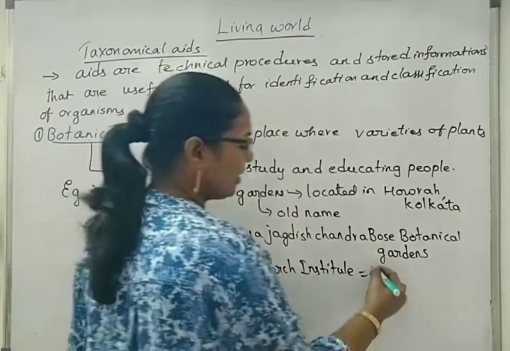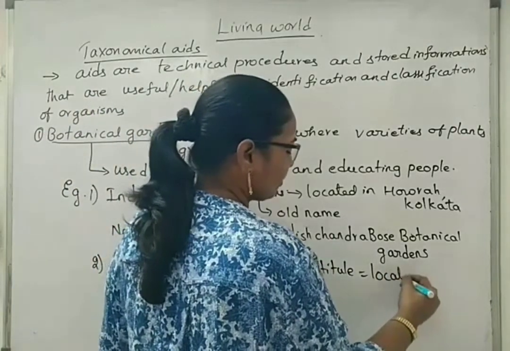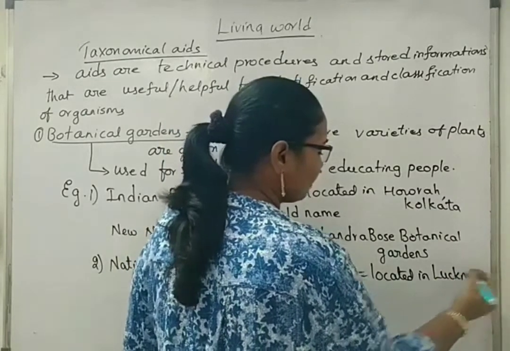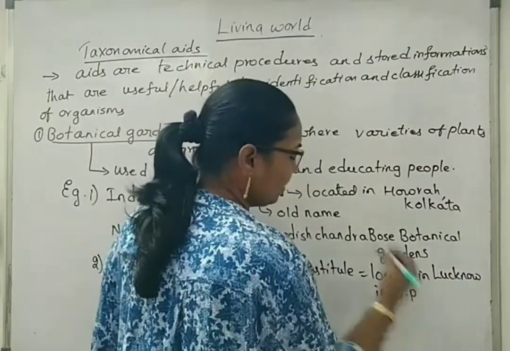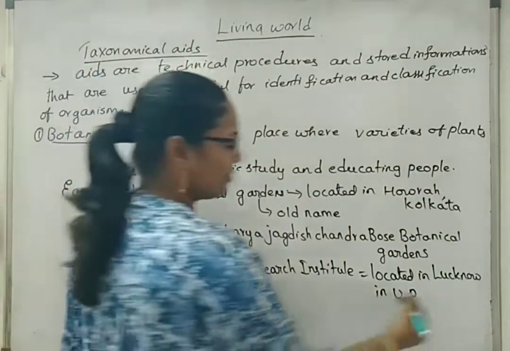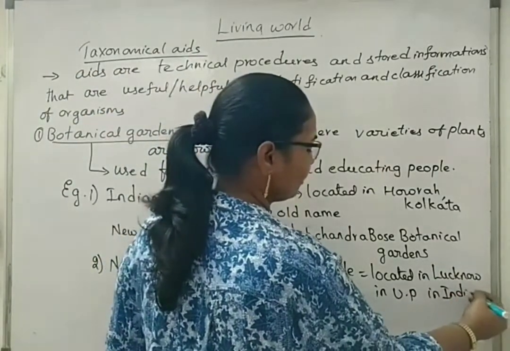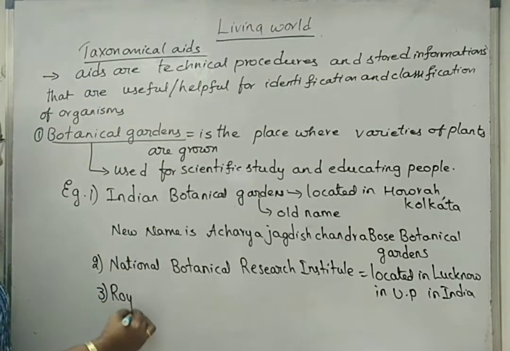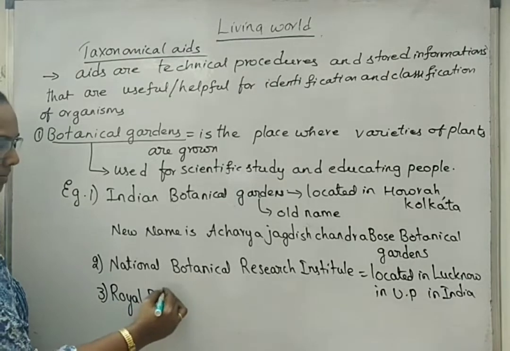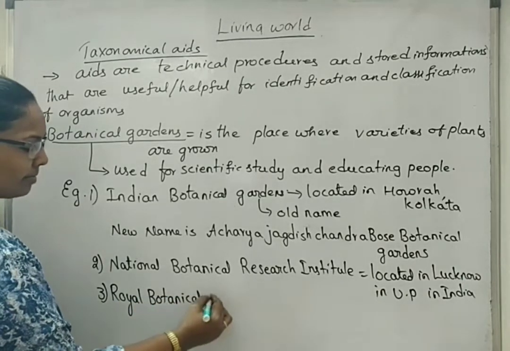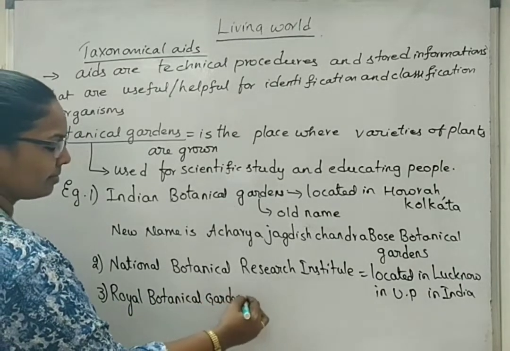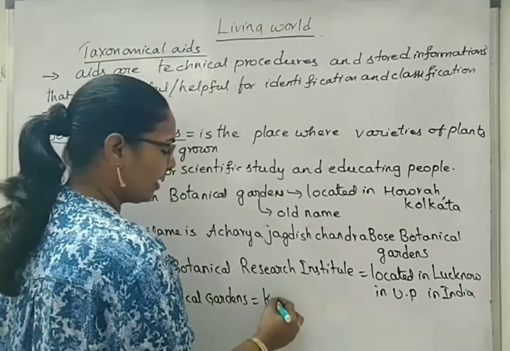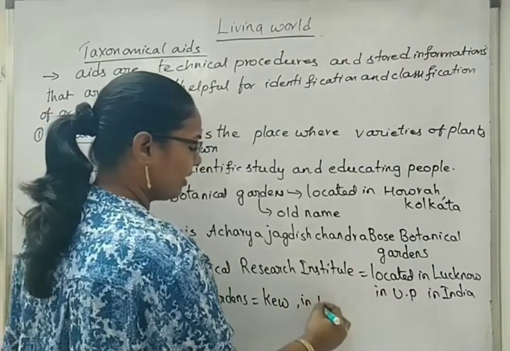It is located in Lucknow in Uttar Pradesh in India. The third example is Royal Botanical Gardens. Where is it located? It is located in the Kew area in England.